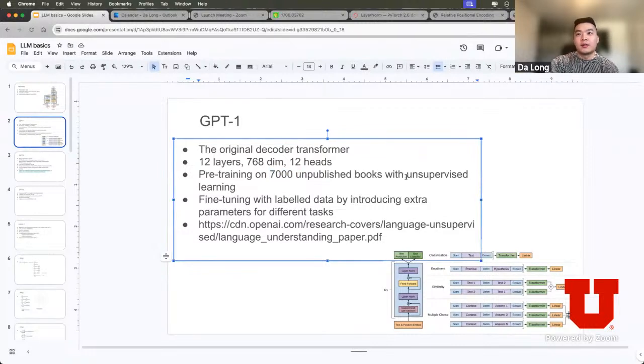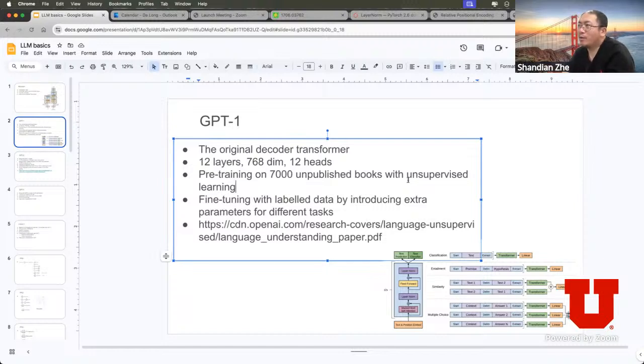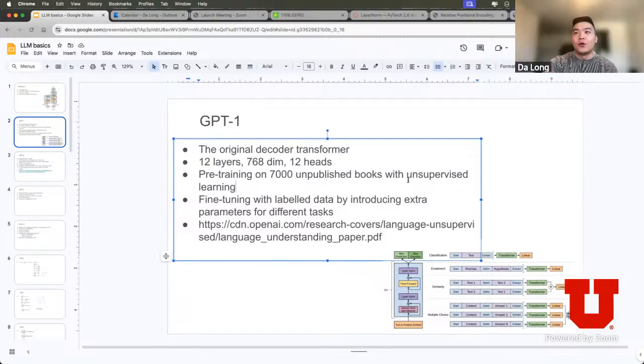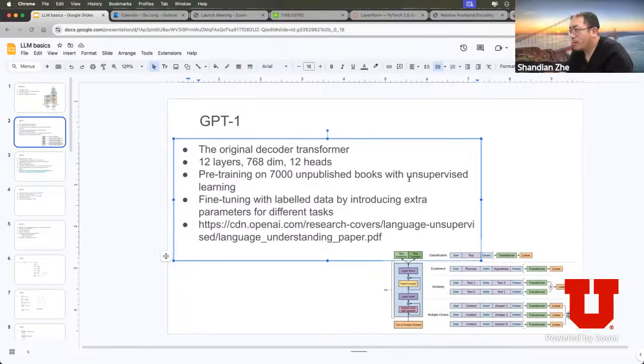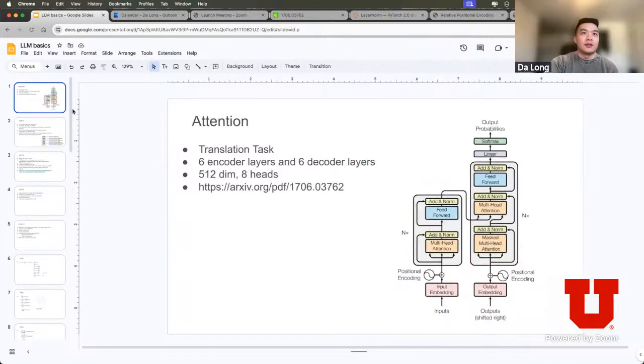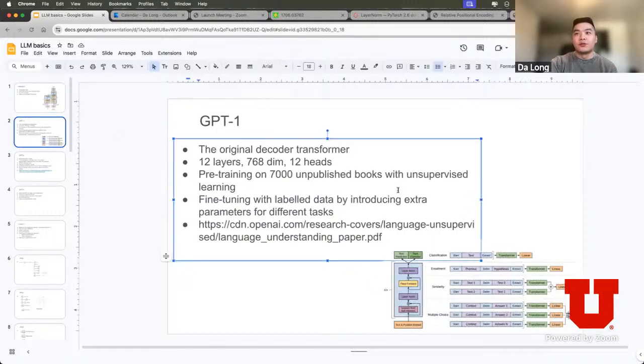But yeah, this is the very first paper to train the model with unsupervised learning. This should be the first decoder only model to train an unsupervised learning task.